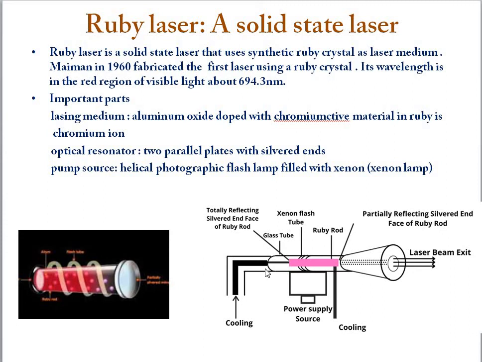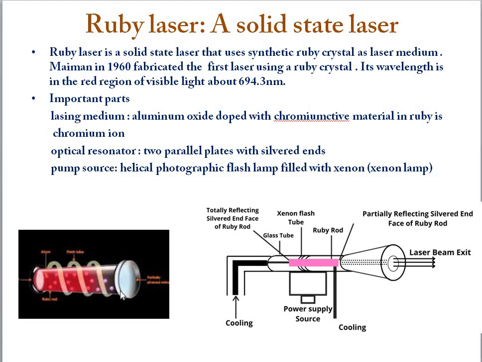So this is the ruby rod, and these are the flash lamps, and there are two ends for it. One is completely silvered and the other one is partially silvered. The silvered ends form the resonant cavity.